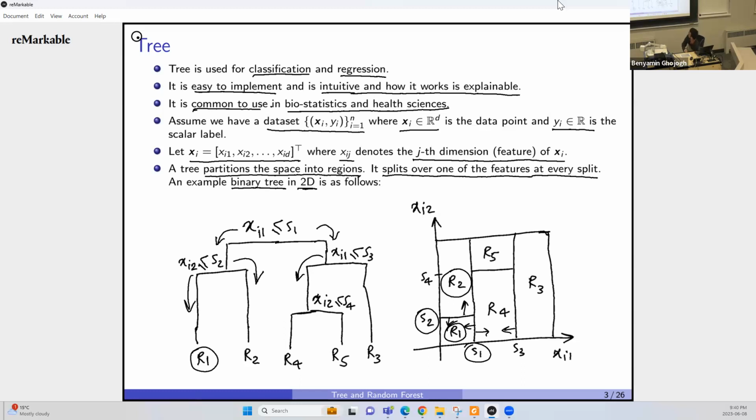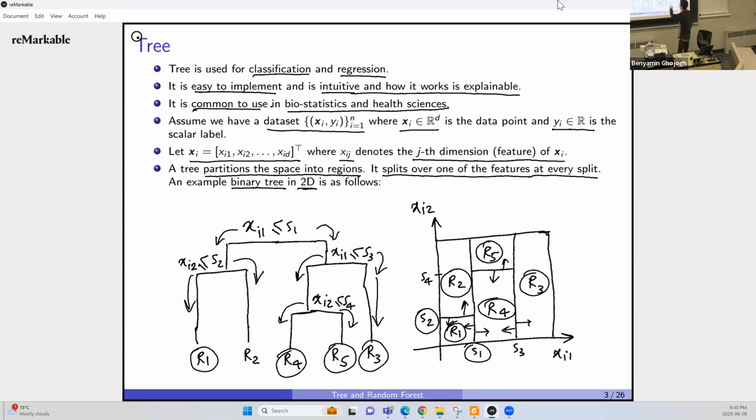Then xi2 less than s4. S4 is here, so we are here, and it becomes R4. If we are greater than s4, we are in R5 here. But if xi1 was greater than s3, we are here, so it's R3. And here we don't split anymore, so all of this becomes R3.